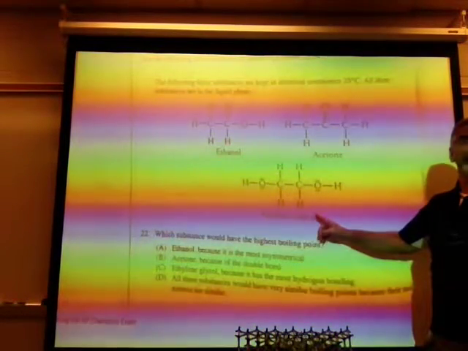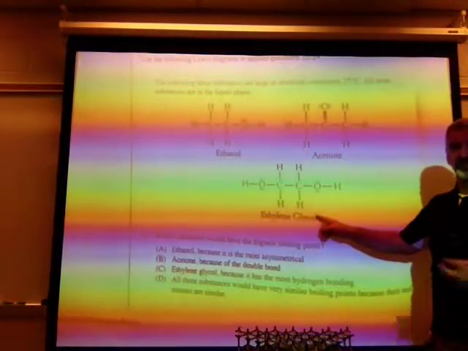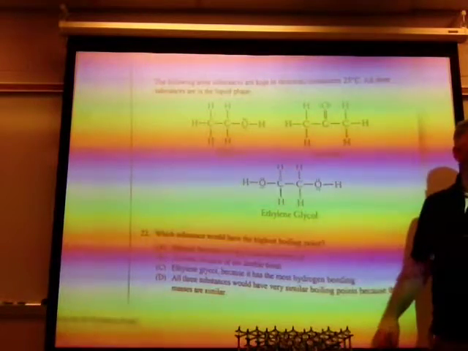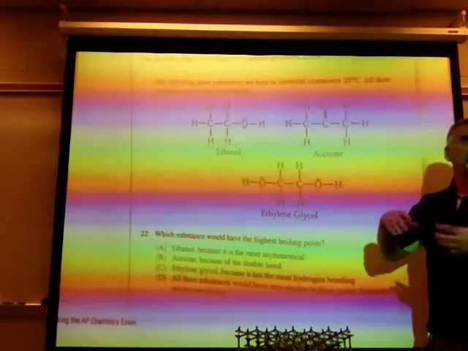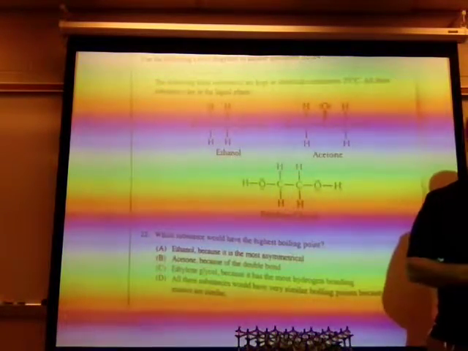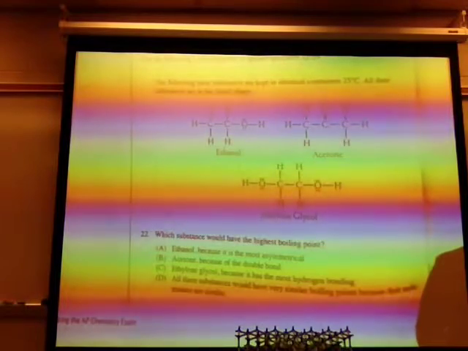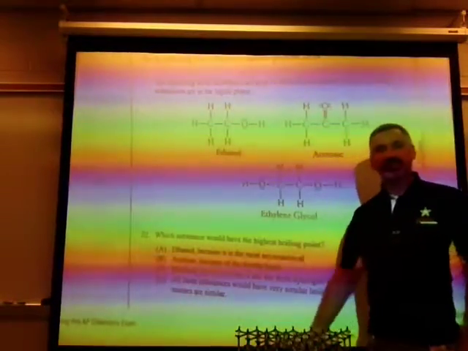We did the density lab with this at the very beginning of the year, and it was a little bit more viscous, a little bit more gooey. We use it as antifreeze because it boils at a much higher temperature than even water. As you said, sitting on the scale, it was evaporating, right, because it just has weak IMFs.